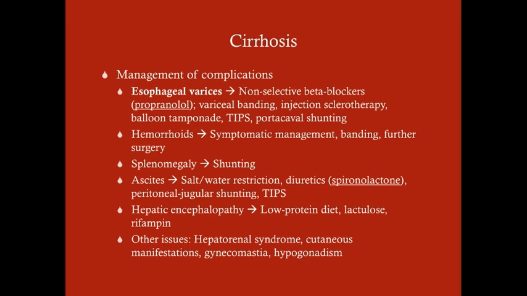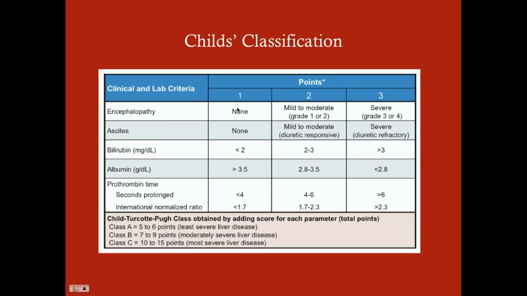And then there's other issues, including hepatorenal syndrome, which is where the kidneys start to act up in the presence of liver failure, cutaneous manifestations, which I talk about in the portal hypertension lecture. Gynecomastia, remember that the liver is responsible for metabolizing estrogen, so if your liver is not working, you're going to have higher estrogen levels. And then hypogonadism. All right, so we're going to primarily talk about esophageal varices here.